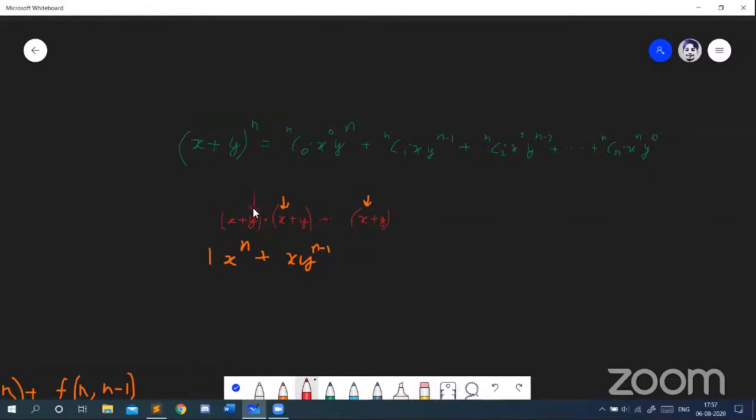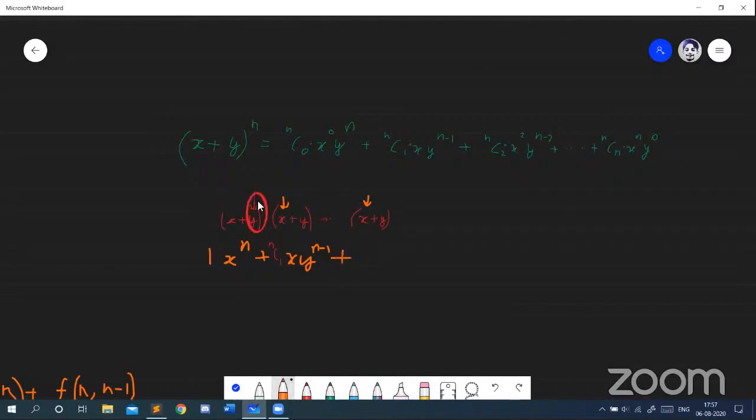I'm going to multiply it by x from all the other ones, and that would just be n choose 1, because I'm going to take y from this bracket, and you can realize what I'm saying, right?